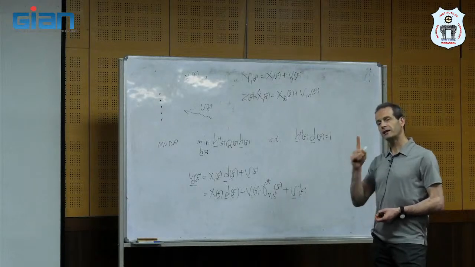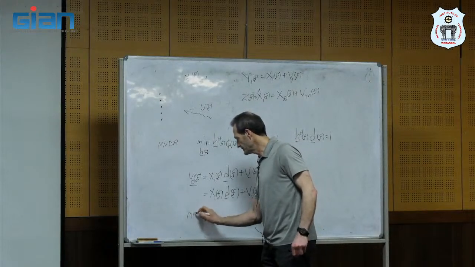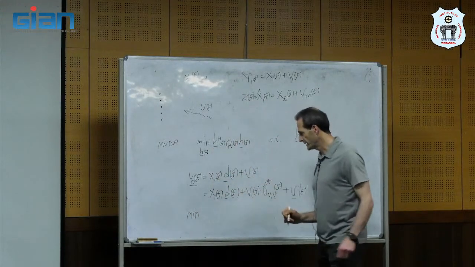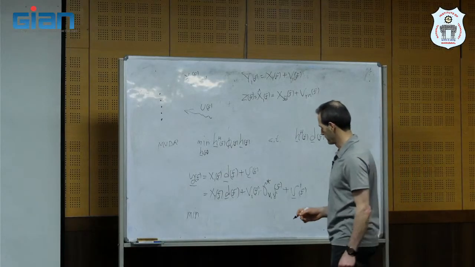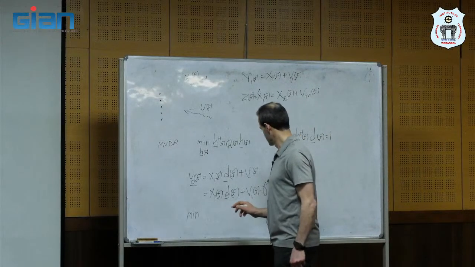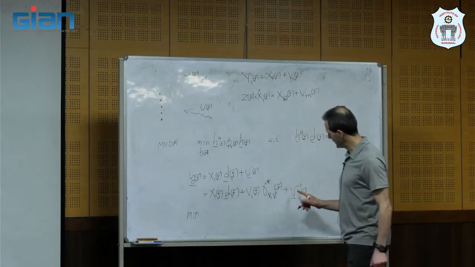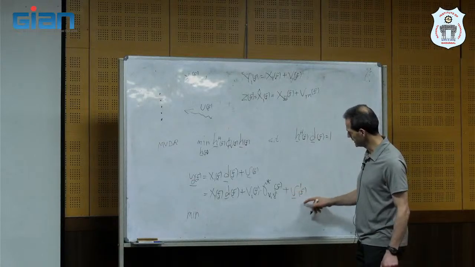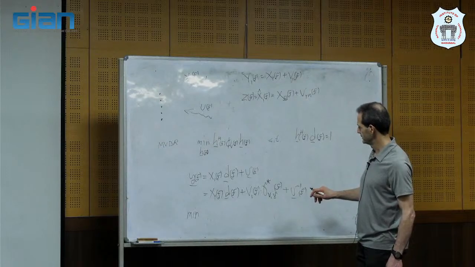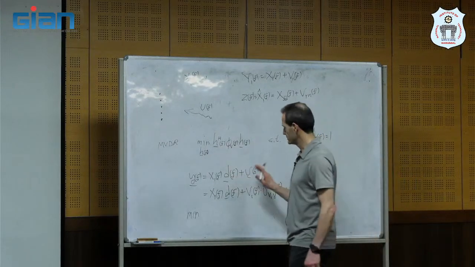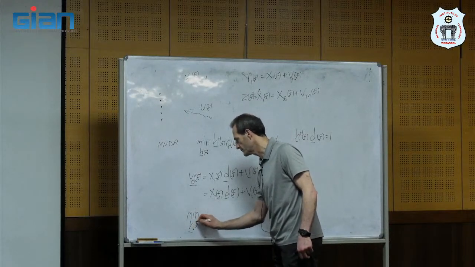Okay, so I can define a new problem now. Let's define a new problem. Let's minimize the variance of the noise, the total variance. Maybe I will write it like this. Because I don't want to confuse you, I want to keep it simple.